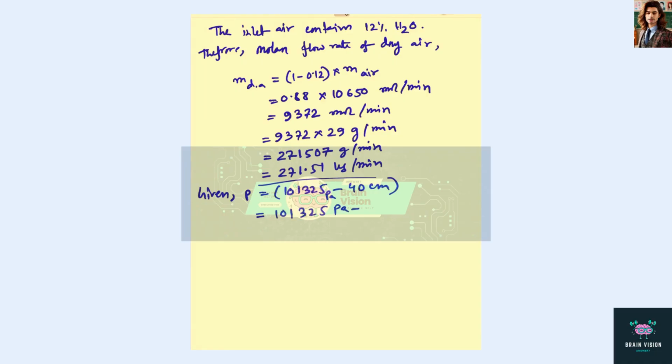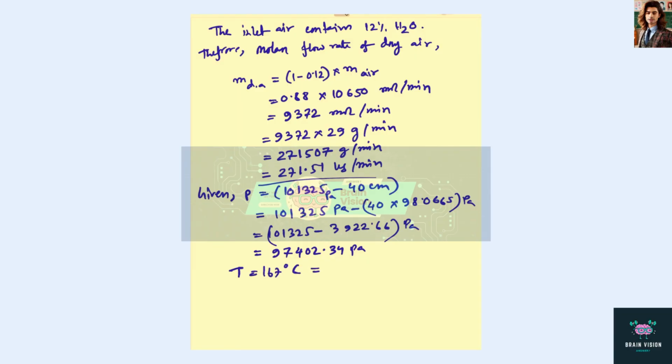Now the temperature of the dry air is given as 167 degrees Celsius.